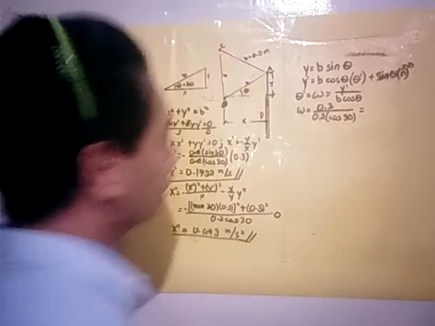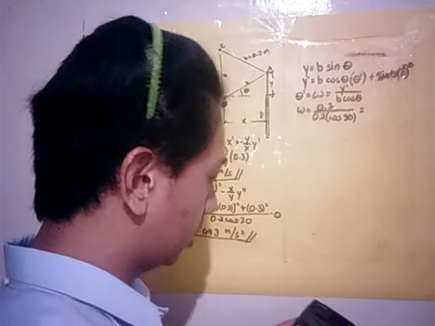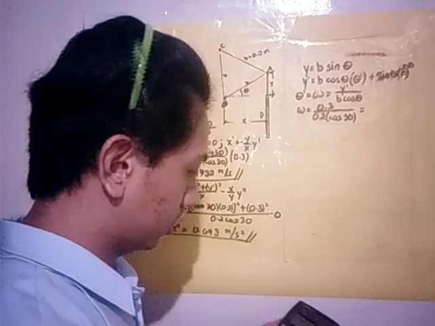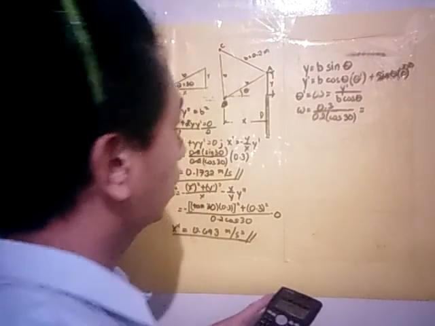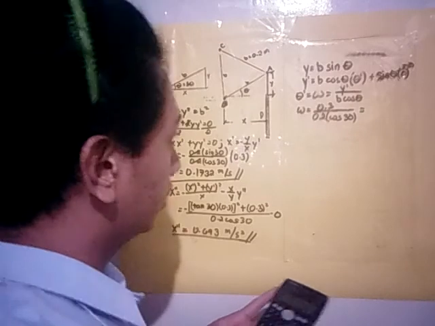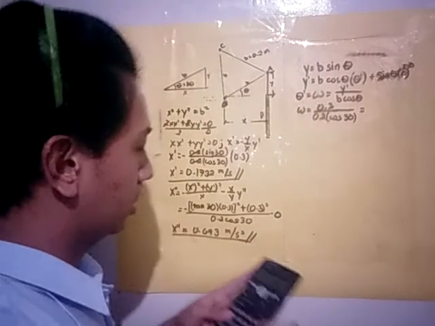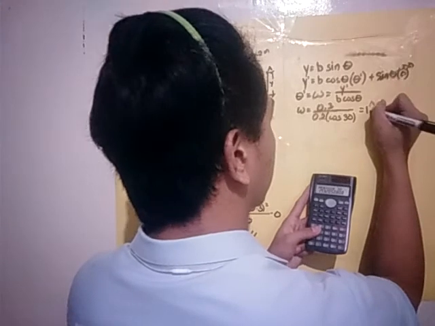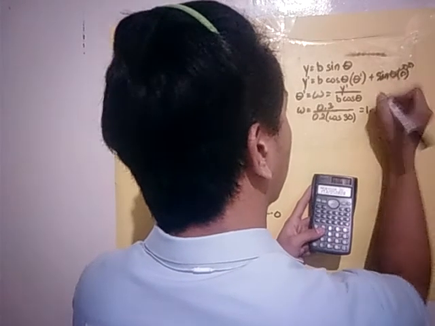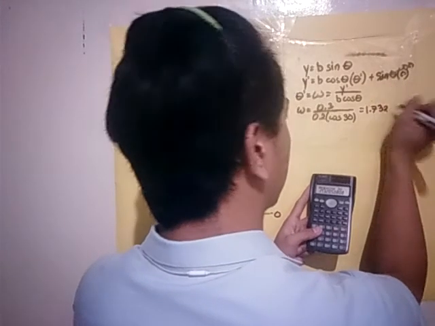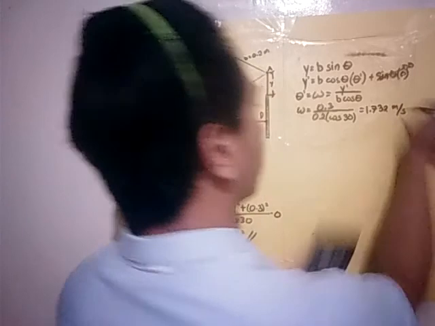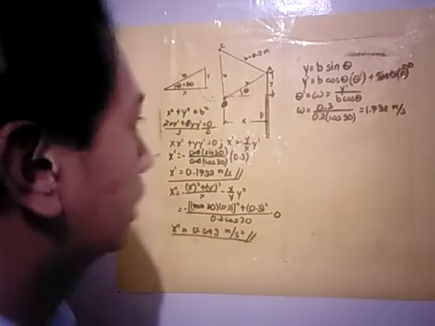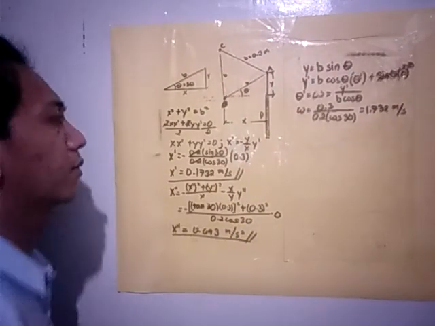So our angular velocity is now equal to 0.3 divided by 0.2 divided by cosine 30. So I have now 1.732 meter per second na angular velocity.